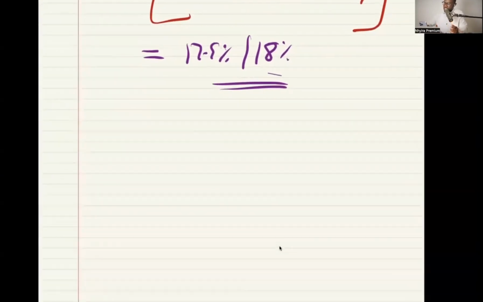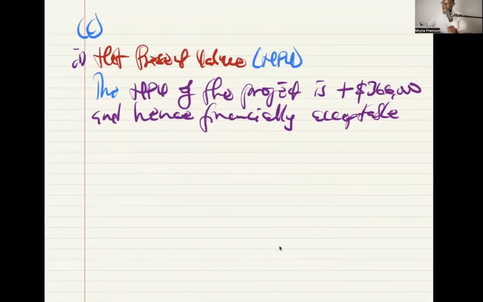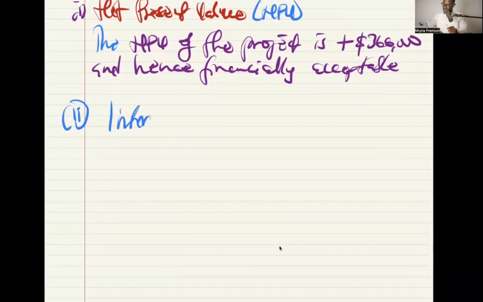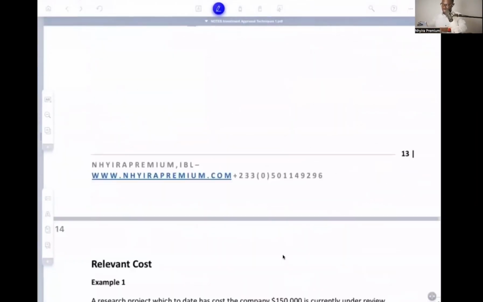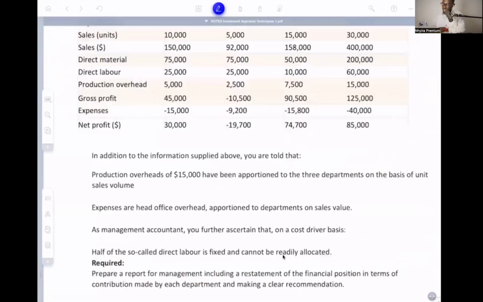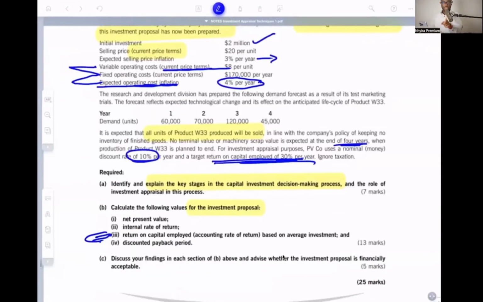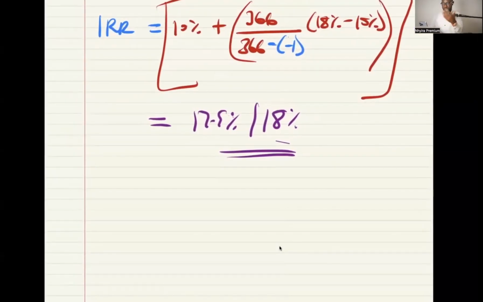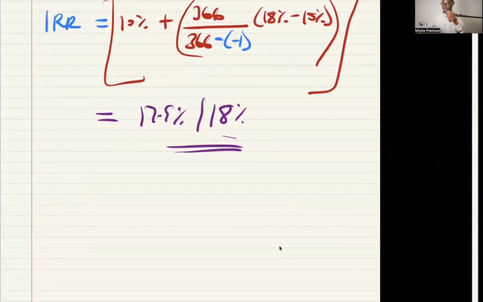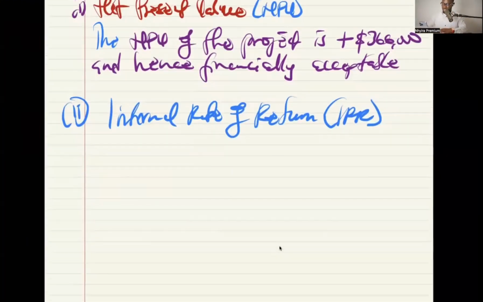Now, looking at this decision rule, the internal rate of return: what is the cost of capital of the company? Let's go back to the question. The cost of capital of the company is 10%. And what is our IRR? 18%. So it's financially viable, so they should undertake the project.